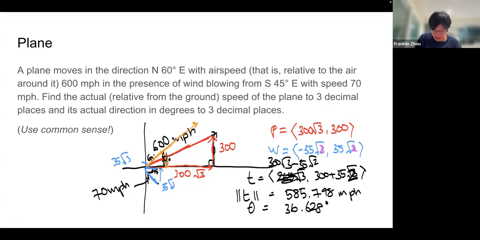And using this notation, it would be east 36.628 degrees north. Or you can use some other direction, north to east, whatever. But either way, you should get this same direction. You can notate it however you want, as long as the problem doesn't ask for something specific.